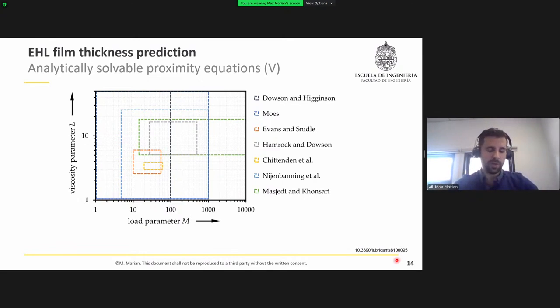And while a comparison with experimental data is difficult for infinite 2D line contacts, this possibility exists for point contacts using experimental studies with interferometric film thickness measurement. And basically quite some good agreement has been reported, especially for the central film thickness, even when using lubricants with shear thinning characteristics and when you expect thermal effects, etc.